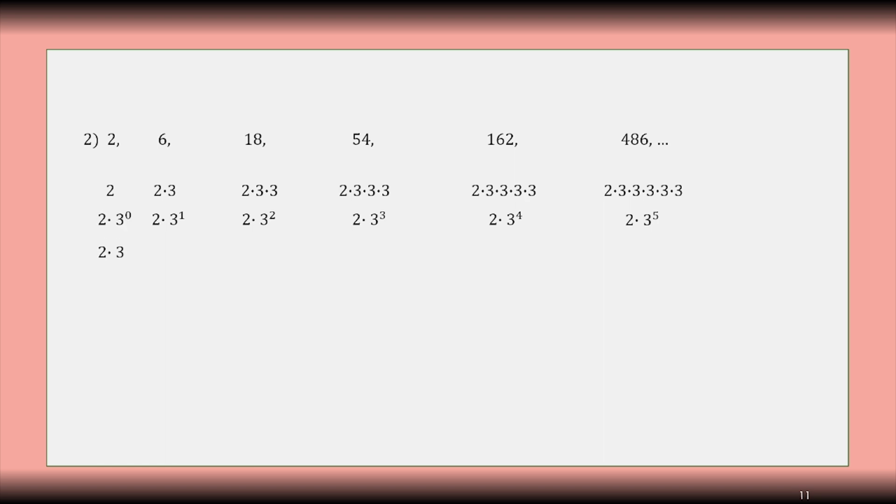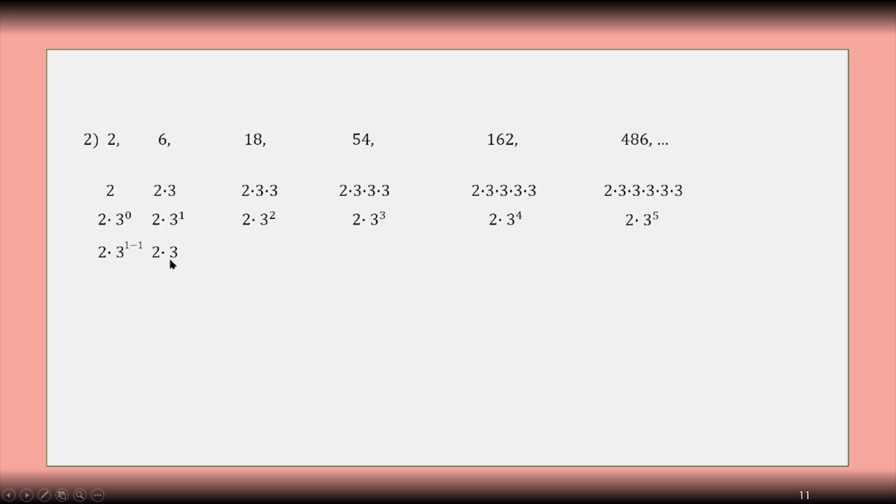So, pwede siyang gawing 2 times 3, then to the power of 1 minus 1. So, yung 1 natin dito is the representation of the first term. Then, yung minus 1 natin dito, kung makikita nyo, nababawasan lang ng isa yung ating exponent. So, kaya nagkaroon tayo ng minus 1.